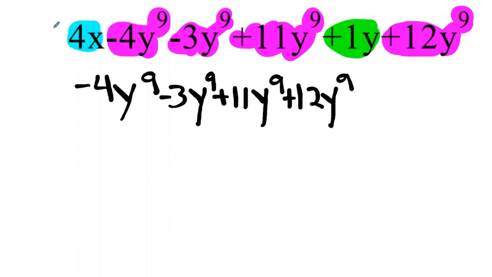Notice that there is no sign in front of my 4, which means it's positive. If I don't have a sign, the number is positive. The term is positive. And notice something, when I have 1y in algebra, we do not write that 1. We only write the letter y.